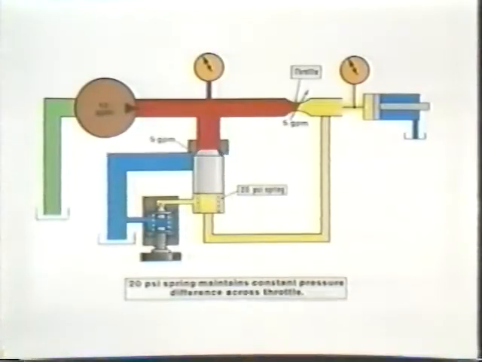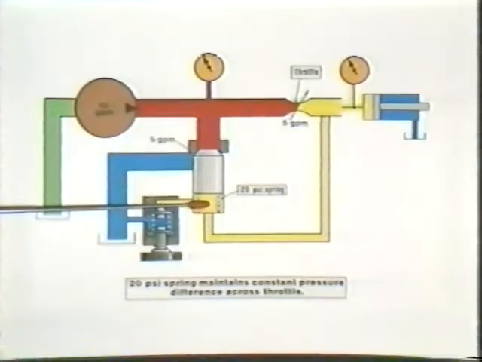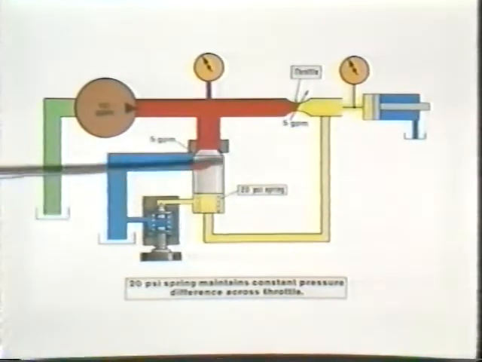What we've done here is teed off the main line to a little spring-loaded poppet. Let's assume that the spring force here requires a pressure of 20 psi on this area to overcome it. Let's also assume that the load on the cylinder is practically zero. We have a 10-gallon per minute pump, and the flow control is adjusted for 5 gallons per minute.